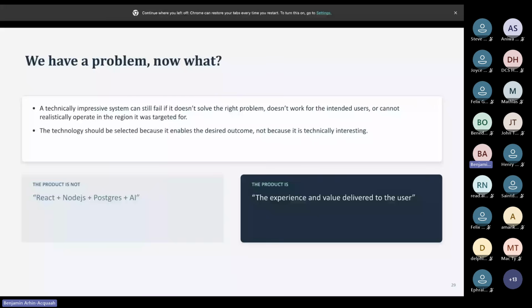And we saw before that a technically impressive system can still fail if it doesn't solve the right problem, or doesn't work for the intended users, or cannot realistically operate in the region or demographic it was targeted for. So the technology should be selected because it enables the desired outcome, not because it's technically interesting.